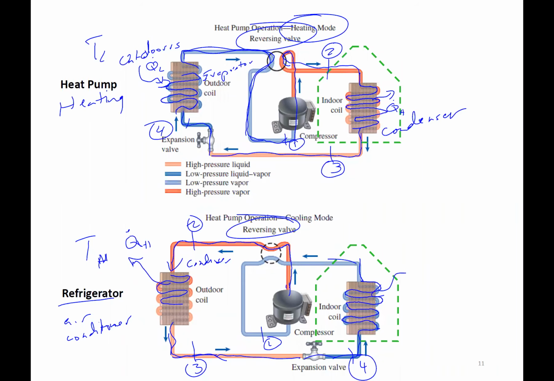Through that air handler, it pulls heat into the refrigerant, and then the refrigerant goes back into the compressor. This is our evaporator now. So just by changing the flow direction, we're changing whether it operates as a heat pump or refrigerator.